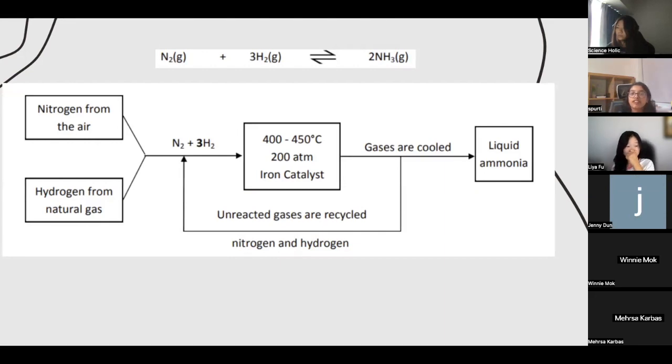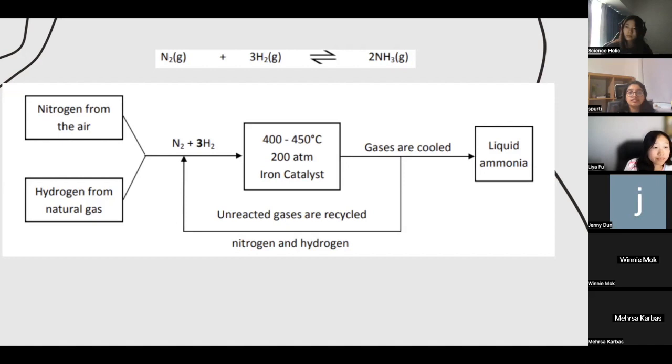And this is done at a not too low temperature, because if it's too high, then less ammonia is produced. So to make it more controlled, it's normally done at a lower temperature, and an iron catalyst is used.